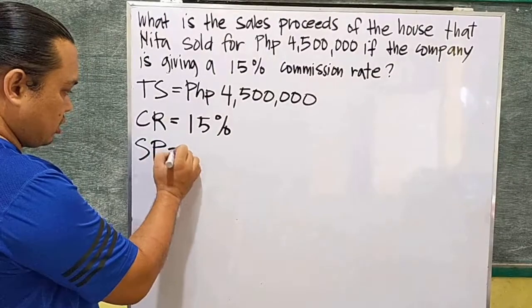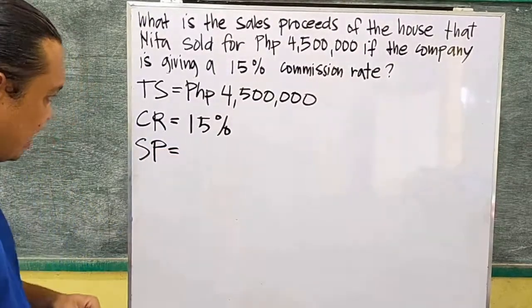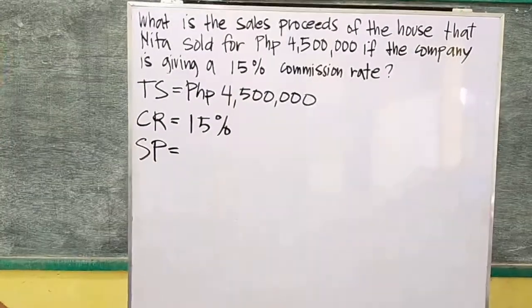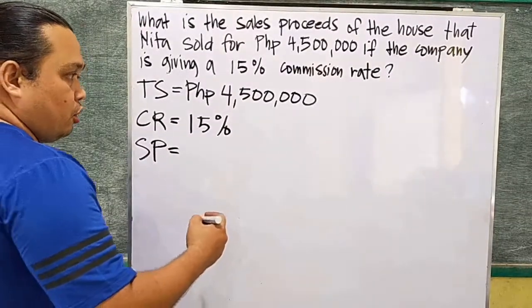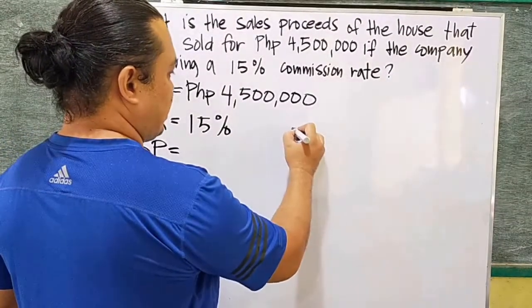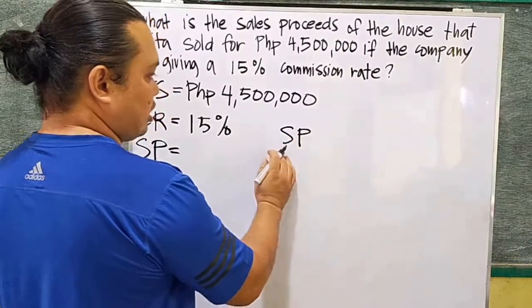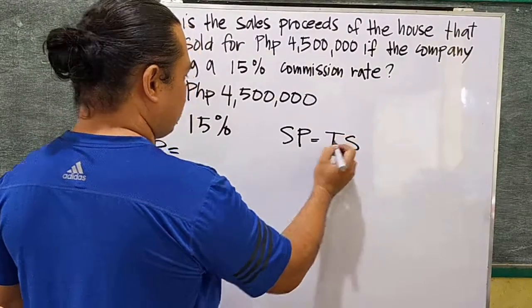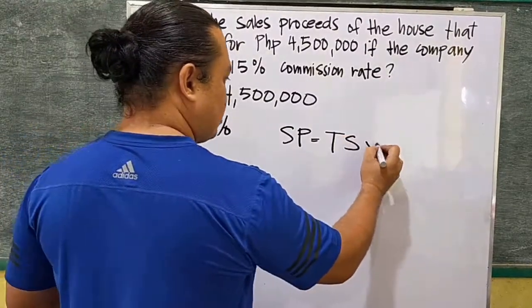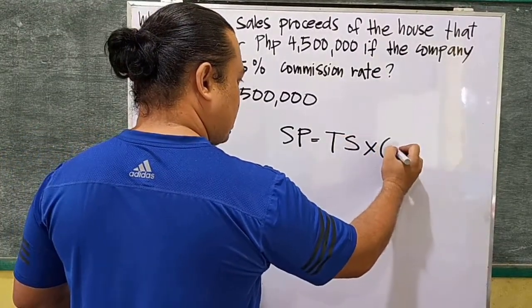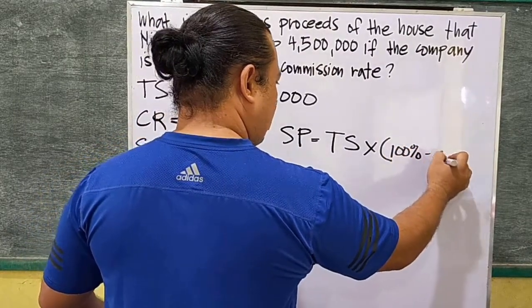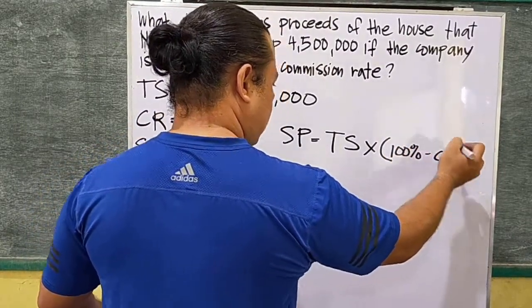Because what is given is the commission rate, not the commission, we need to use the other formula, which is SP, sales proceeds, equals TS, total sales, times open parenthesis 100% minus the commission rate, close parenthesis.